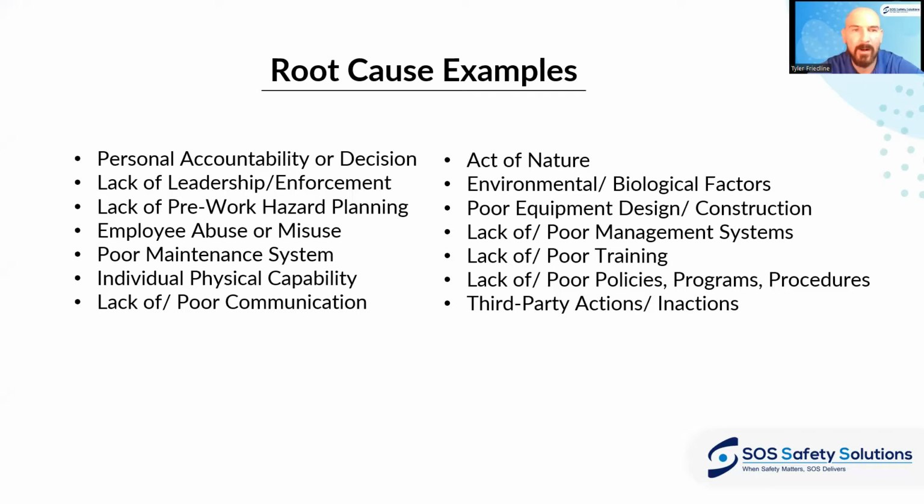It's very rare that an employee's behavior is going to be the root cause of the incident. I already explained an act of nature or an act of God, where you truly have a freak accident, is going to be a very rare selection.